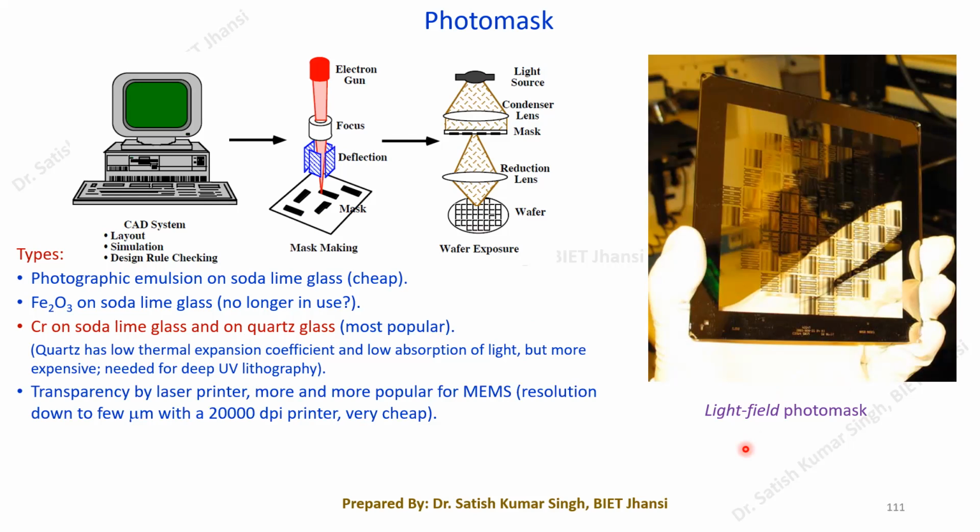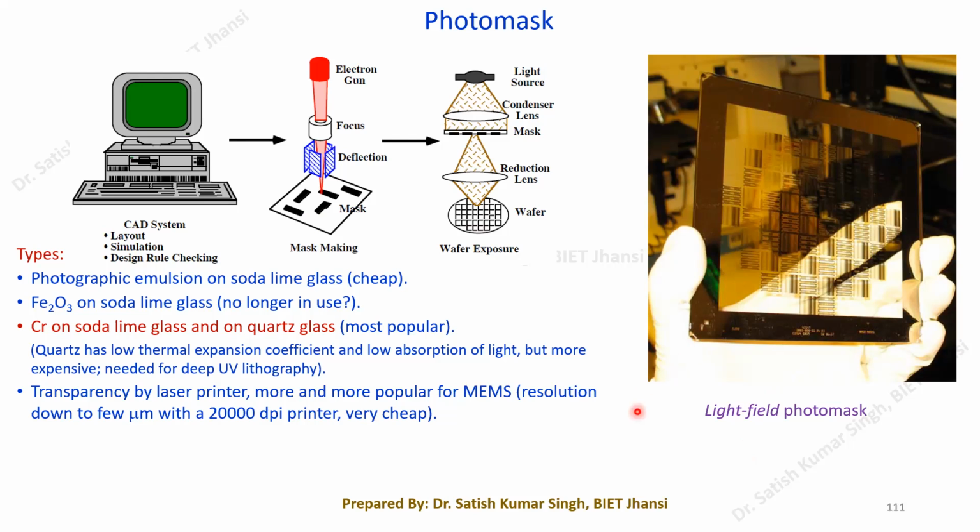When we say it is a light field photo mask, it means that most of the region of this photo mask is transparent. You can see in this picture that most of the part is transparent, so light can penetrate through, but there are certain portions which are opaque. These are nothing but your chromium layers. So this is your light field photo mask.